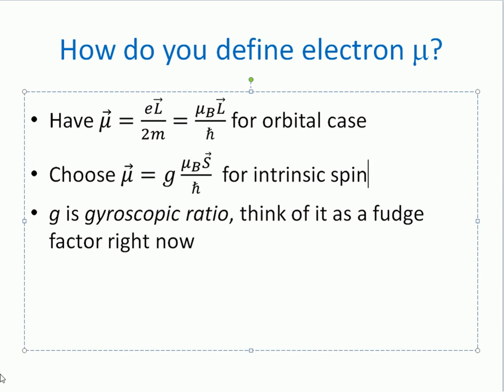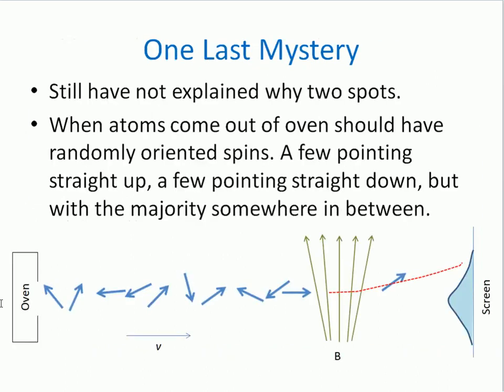Okay, so we've got this spin. What about the one last mystery? Well, we still haven't explained why there are two spots. So here's the oven again. Here's a beam of neutral silver atoms coming out of the oven. Now, because they're warm, they should have randomly oriented spins.